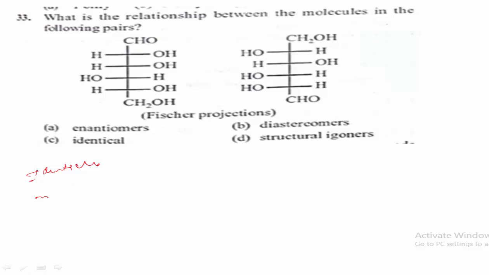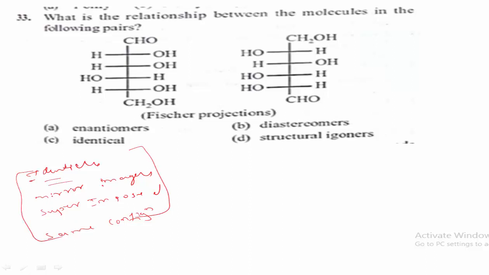Identical structures are mirror images and they are superimposable, and they contain the same configuration. If they follow these points, then the structures are identical.